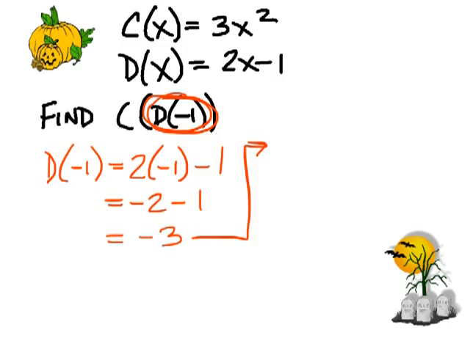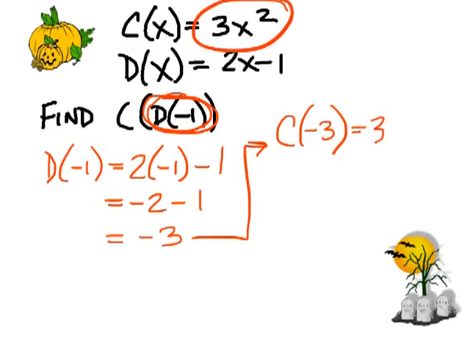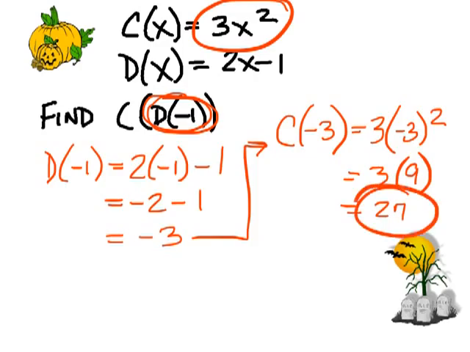You must now treat that as C of -3 from right here. So 3 times negative 3 squared is 3 times 9. And the answer is 27. You don't have two answers, you just have one, which is the final answer.